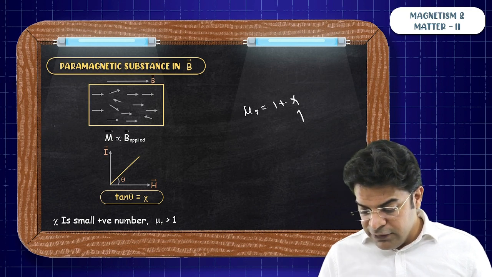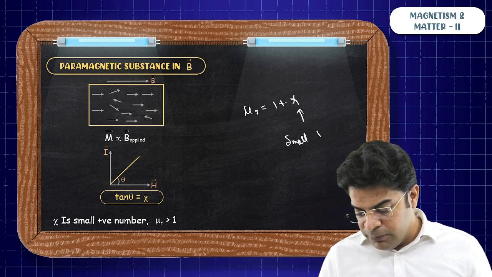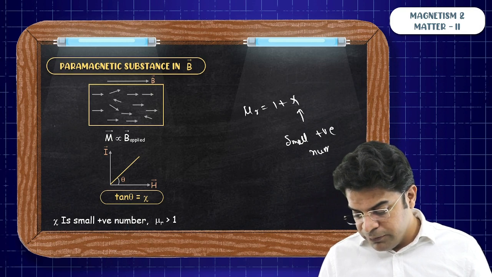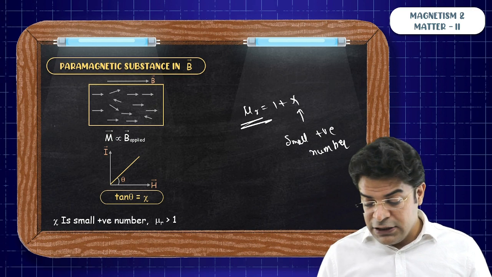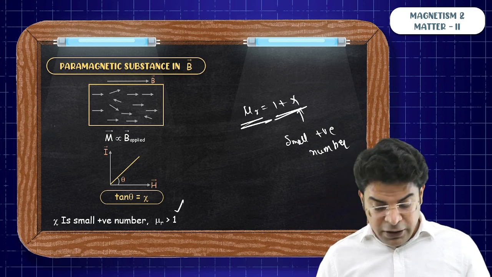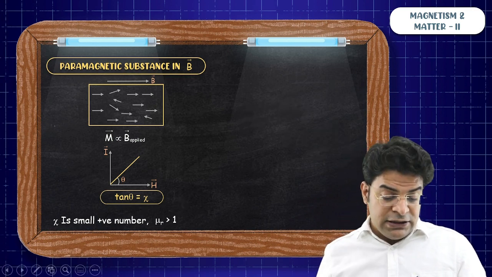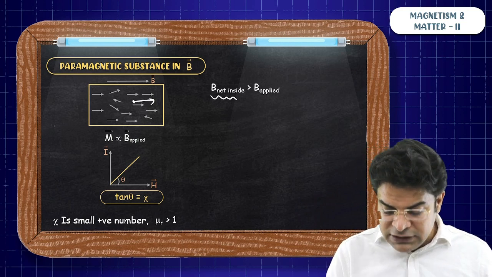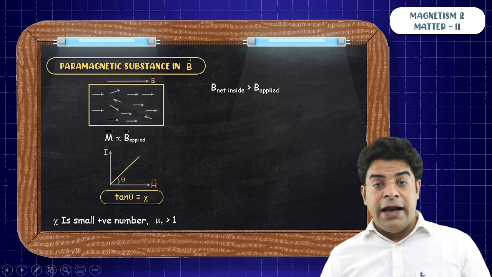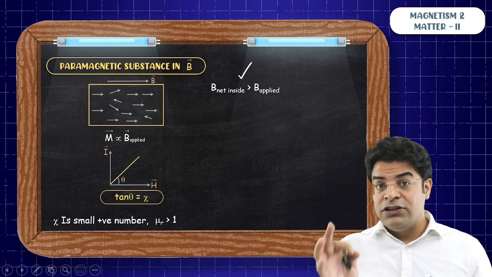If psi is a small positive number, then the relative permeability has to be greater than 1. So the relative permeability of a paramagnetic substance comes out to be greater than 1. Do understand that the net magnetic field inside is greater than the applied magnetic field for the case of paramagnetic substance.